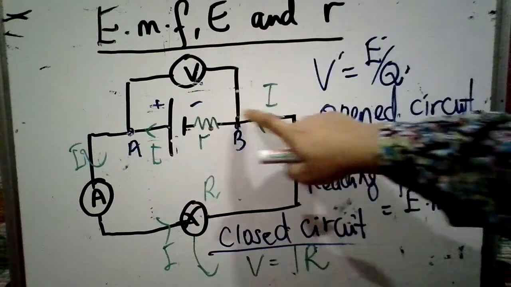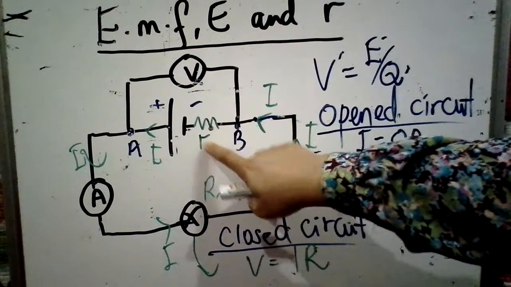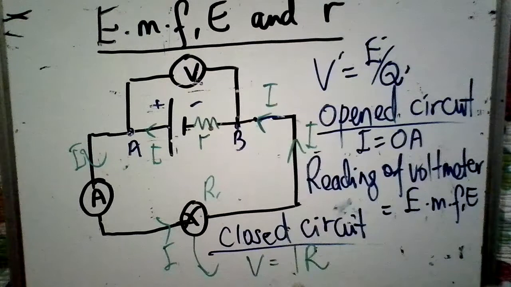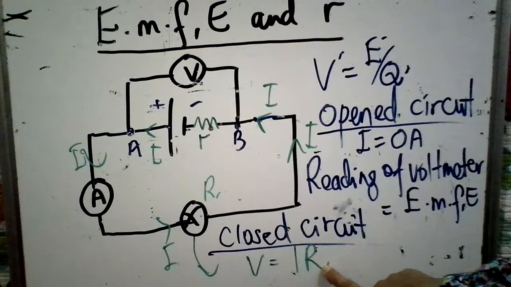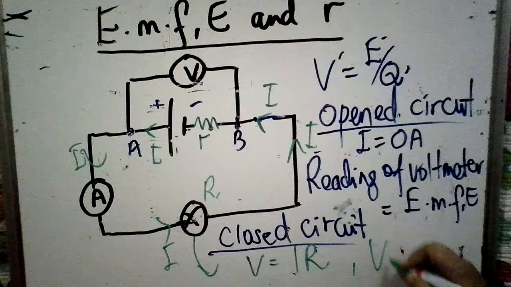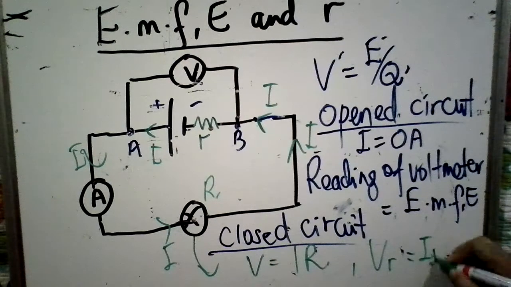Once the current flows through the battery, at the same time there will be work done to overcome the internal resistance. Just now we have V equals IR, the work done to overcome the resistance of the bulb. Now we have one more. To overcome the internal resistance, that is I times small r.